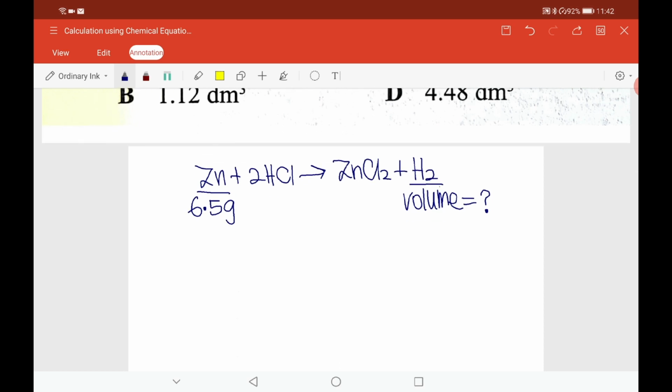Then you can convert anything you have into mole first. We have 6.5 gram, which is the mass, so we can convert the mass to the mole first. Mass and mole are related by RAM. Anything changed to mole, use divide.